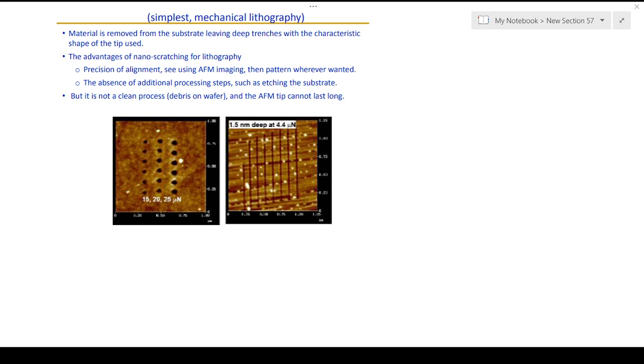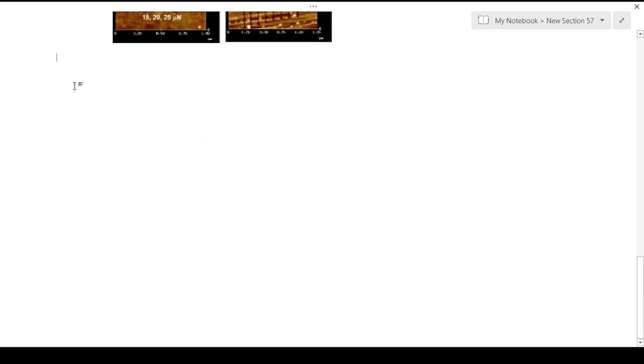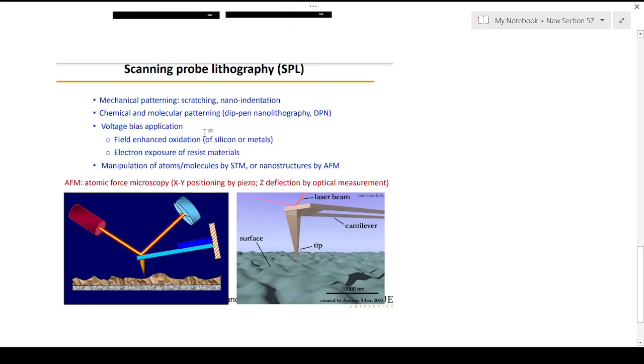AFM is basically one of the microscopic techniques that come under scanning probe microscopy. I said we are actually using a tip over there. So we will be doing mechanical patterning like scratching, which is also called nano indentation.